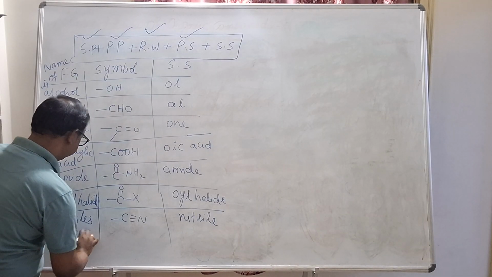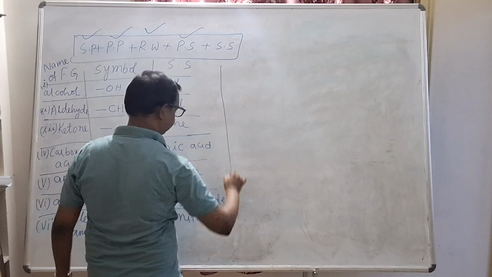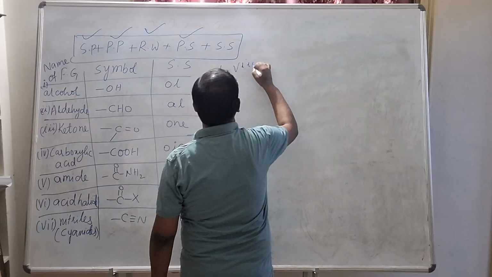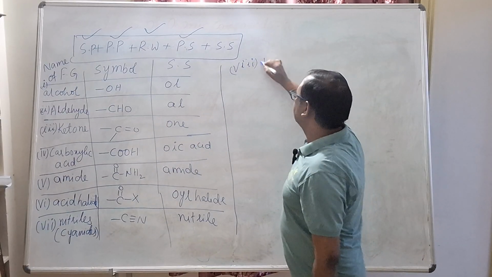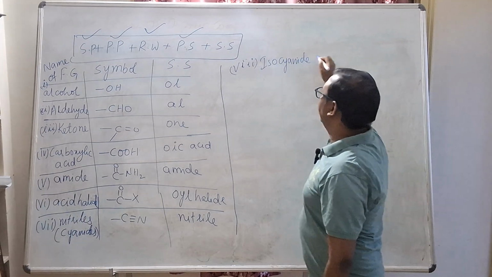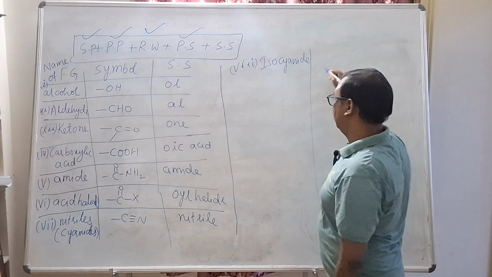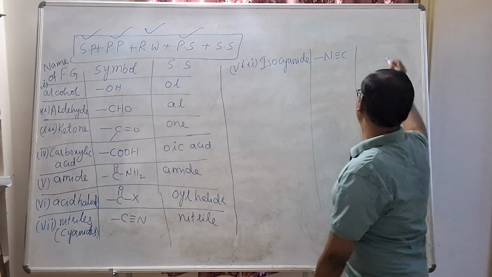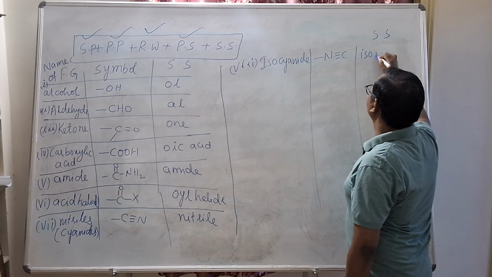The eighth one is isocyanide. Isocyanide can be written as NC, N triple bond C. The name of the secondary suffix is isonitrile.